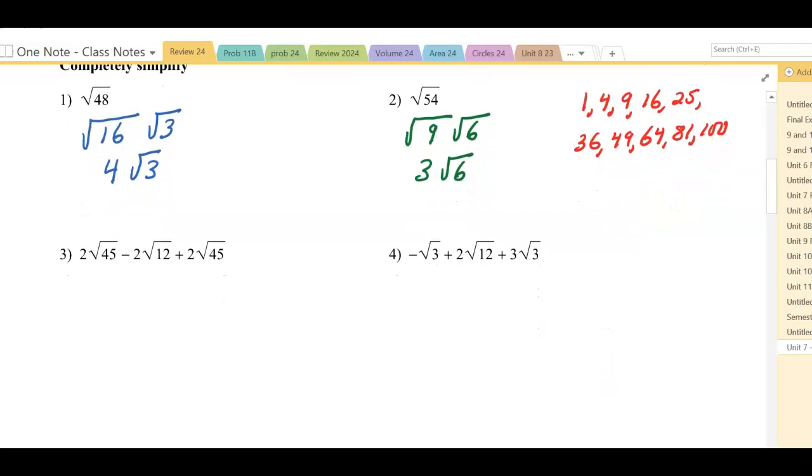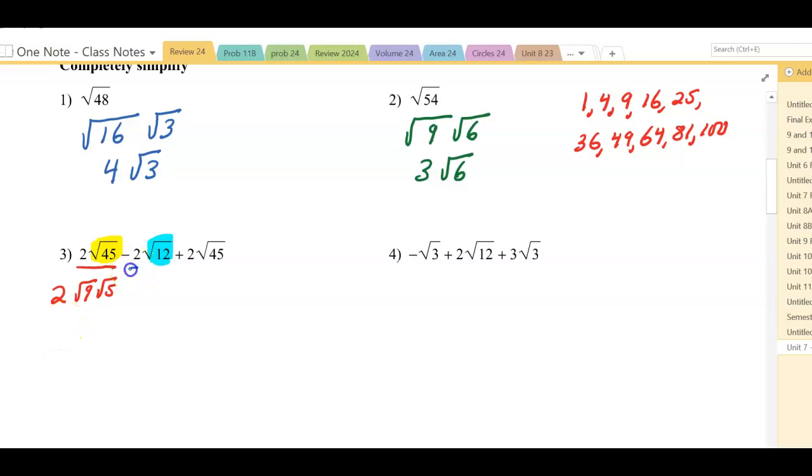If we look at problem number 3, we want to do what we did in problem number 1 and number 2 multiple times. So we want to simplify the square root of 45. We also want to simplify the square root of 12. So for the first term here that I'm underlining in red, this would be 2 times the square root of 9 times the square root of 5.